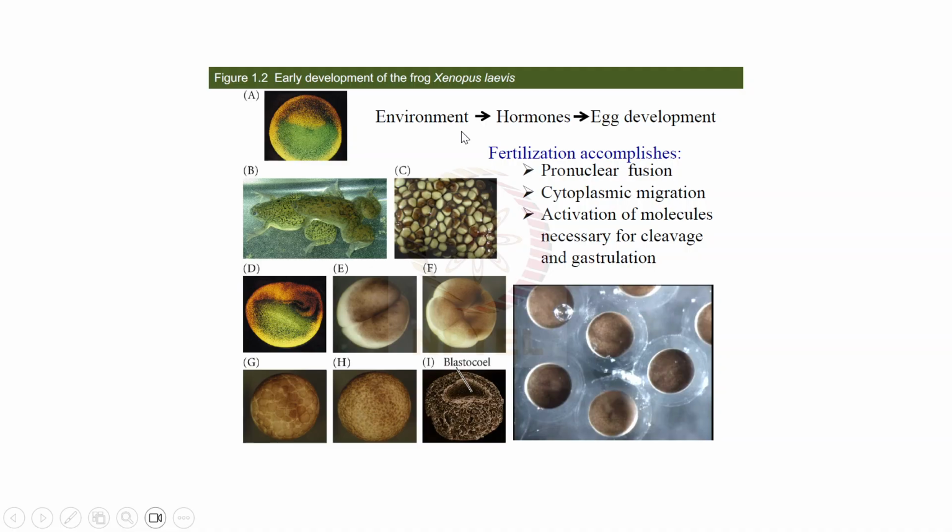The environment will affect that, and then those kinds of hormones will be released in that particular zygote, or that particular organism, and then it will lead in that particular direction, either male or female. It will lead into that direction of development, and then it will release either eggs if it is female, and sperm if it is male. So that depends upon the environmental cues it got while it was developing.